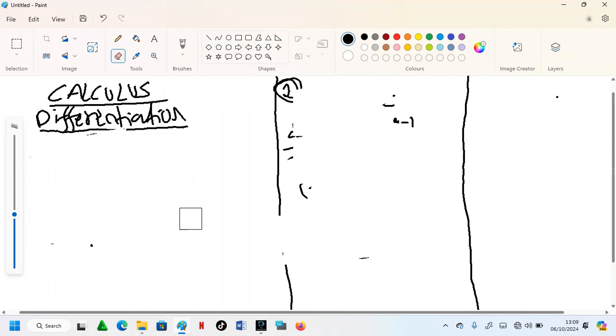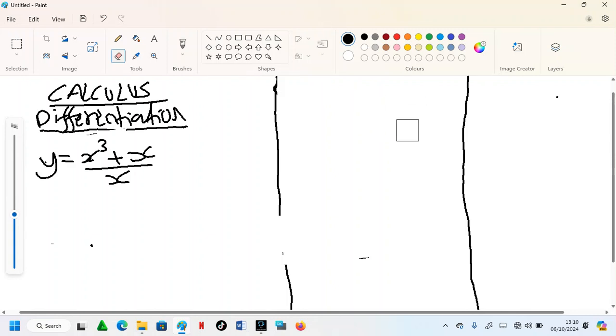Let us say you're told to find the derivative of y is equal to, say, x cubed plus x over x. So this one we are going to use a little bit of algebra before we conclude in finding the answer.